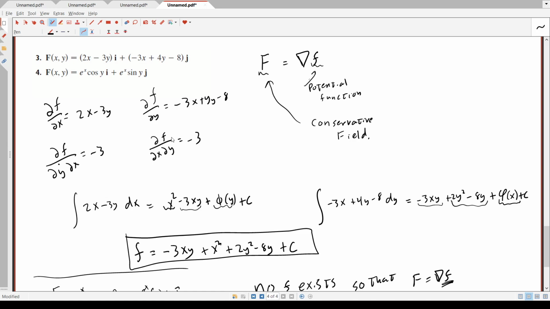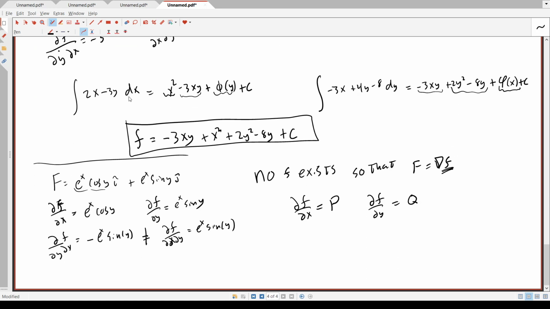And I need them to be the same if I want to write this as the gradient of something. I assume that the first component is the x derivative, and then I compute the y derivative of that, and then I do the same thing. So I assume that the y component is the y derivative, and I compute the x derivative of that, and then I check, are they the same? If they are the same, then I can write this as the gradient of something. I need to figure that out separately. And if they're not the same, it can't be done.